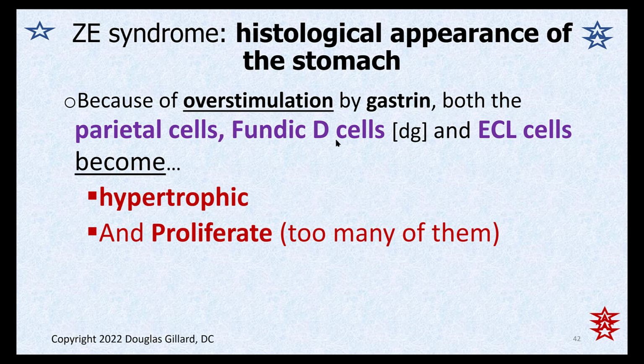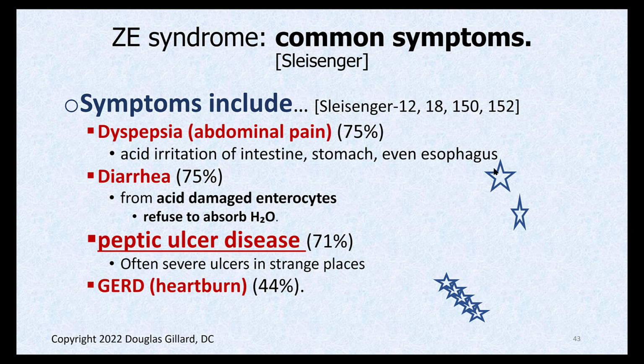They're going to become hypertrophic, and their rate of replacement is also going to increase, so they're going to proliferate. So there are too many big muscular parietal cells and ECL cells. That's going to make your stomach, especially where the rugae are, get really, really thick. And the rugae get huge in conditions like that.